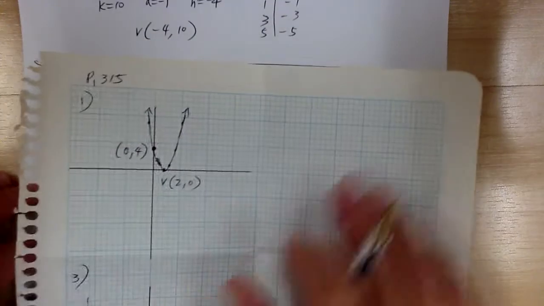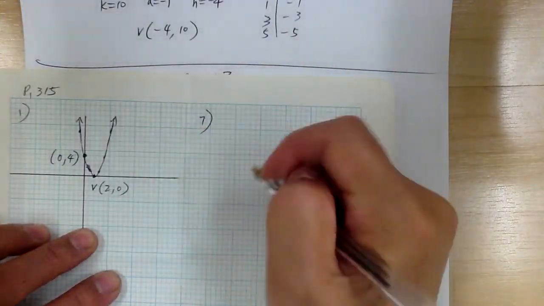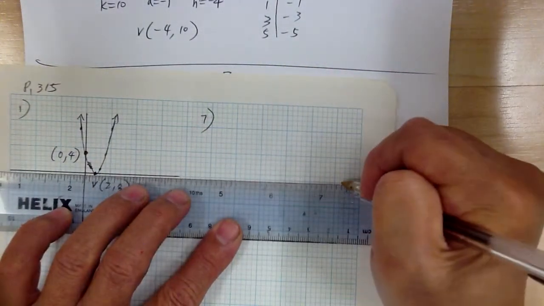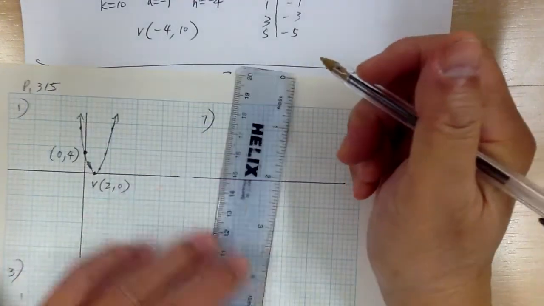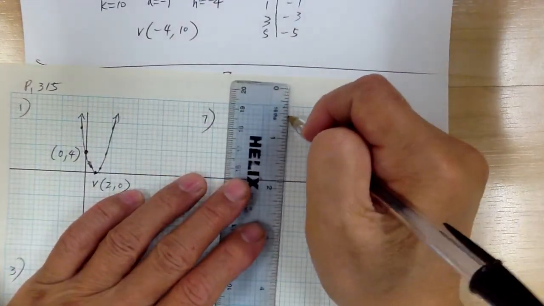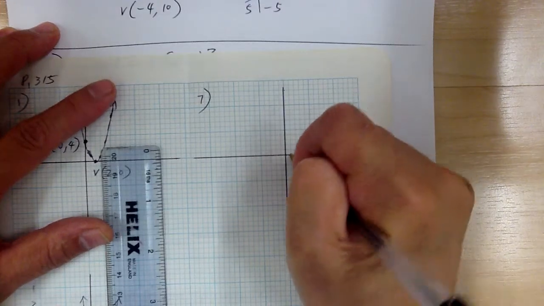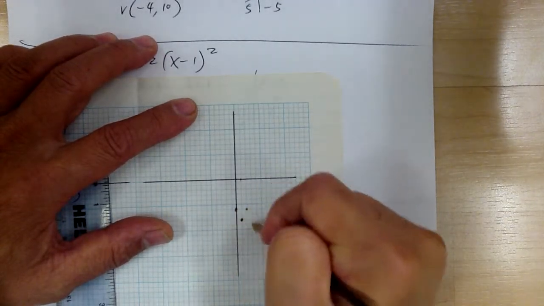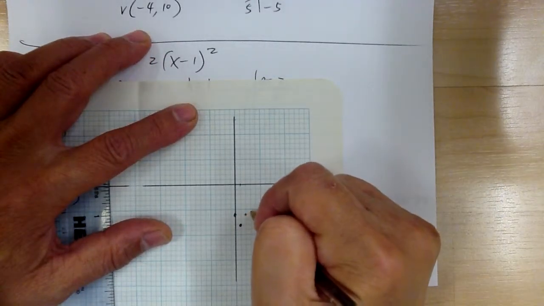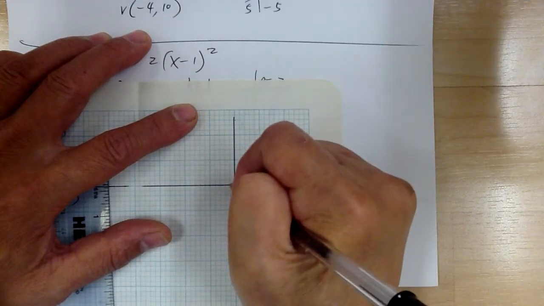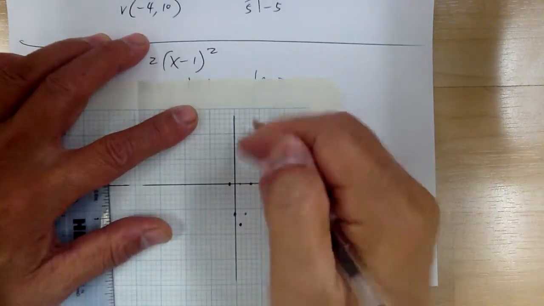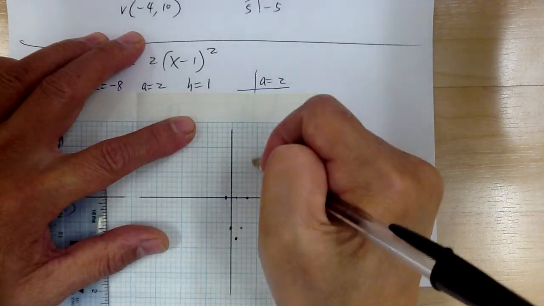So let's go and sketch. The vertex is (1, negative 8), and you have to go up 2. So 1 over go up 2. Next one over is 6. And next one is 10.